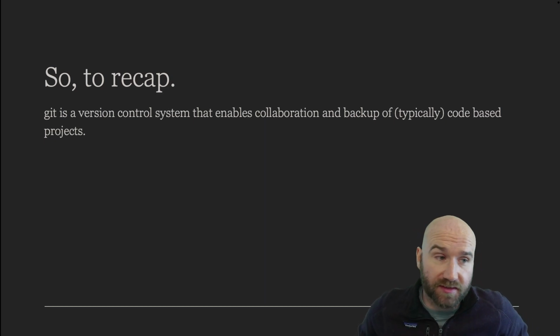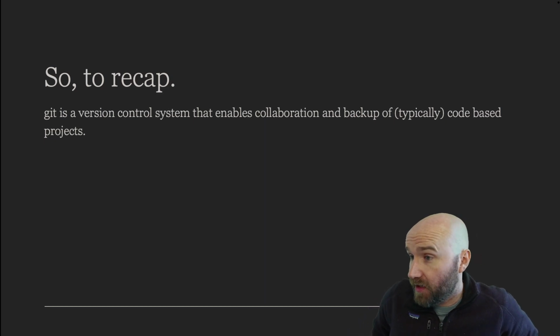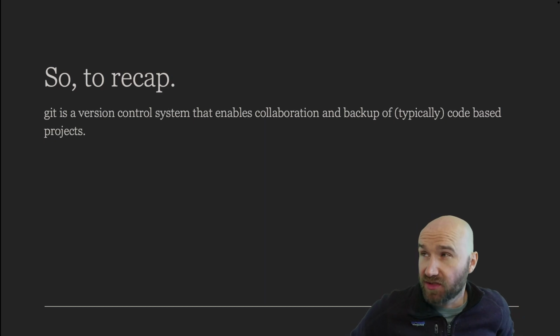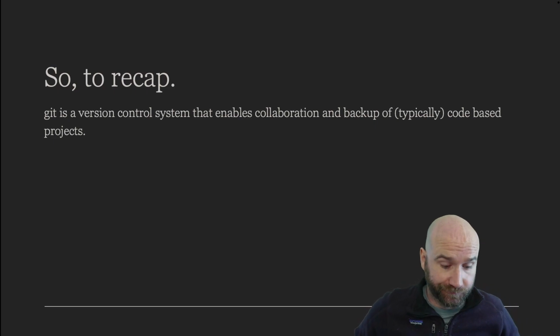But for code, where it's typically UTF-8 encoded, you're just working on text files at the end of the day, and Git is perfect for something like that. But you can use it to back up anything. It just gets a bit slower and cumbersome than, say, a cloud-based backup if you have large files.